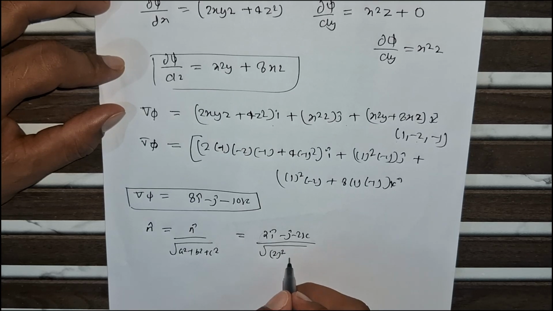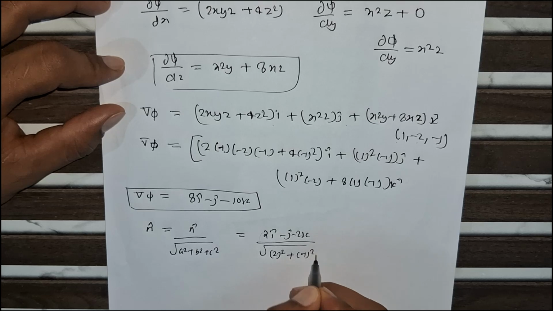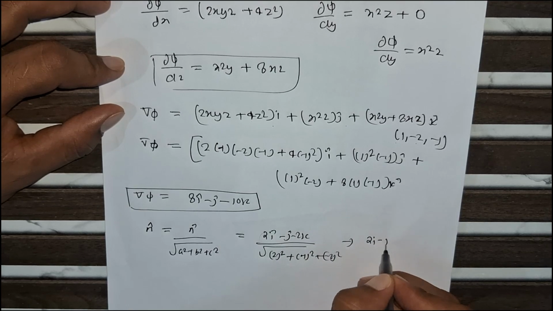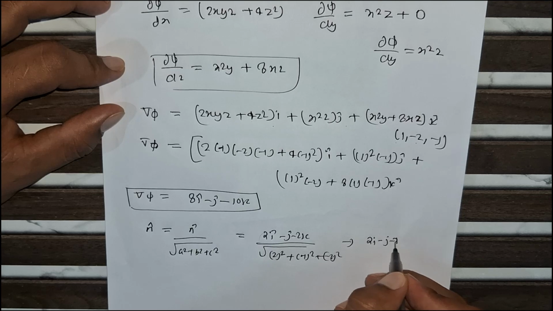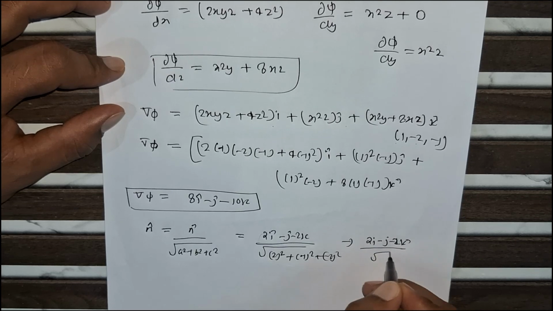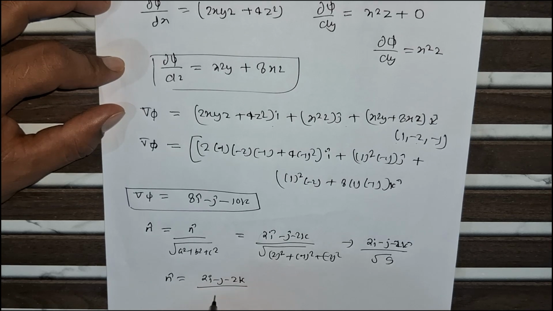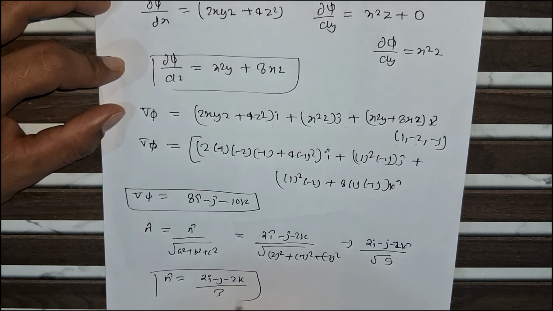It becomes (2i minus j minus 2k) by the square root of 9. So the unit vector n equals (2i minus j minus 2k) divided by 3.